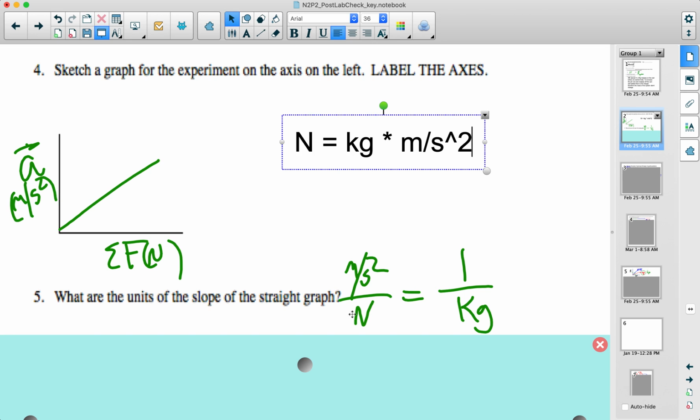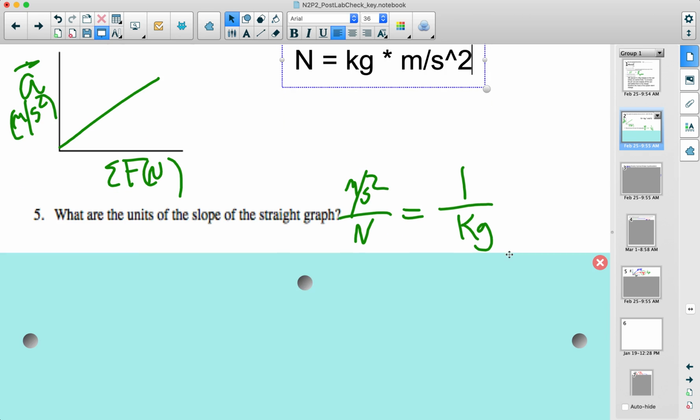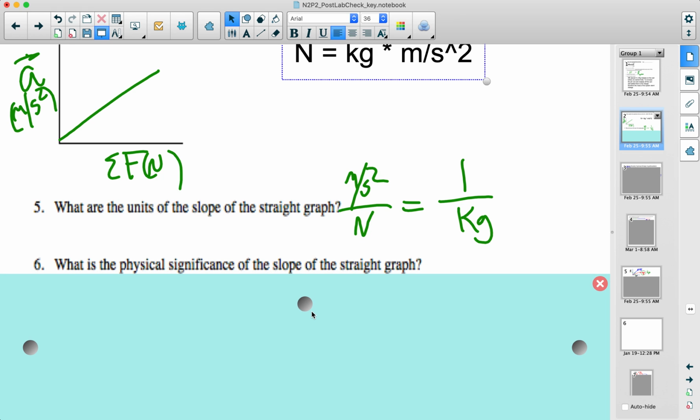We could get rid of newtons on the bottom and replace it with kilograms times meter per second squared. So if we had kilograms times meters per second squared here, the meters per second squared would cancel out. We get 1 over kilograms for the mass.